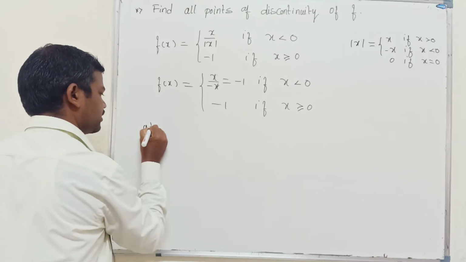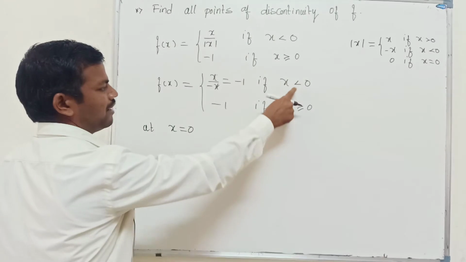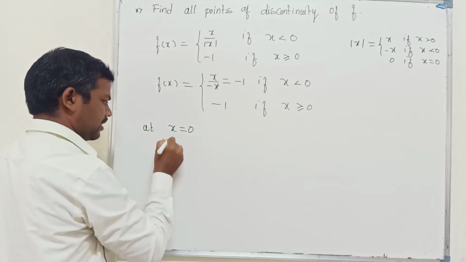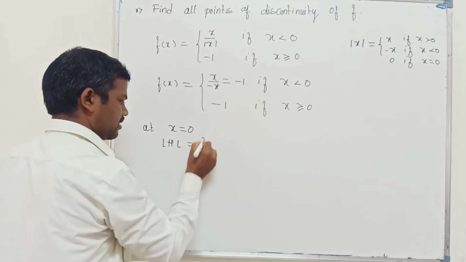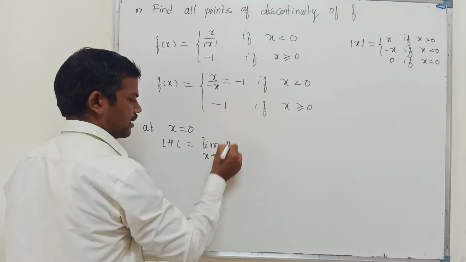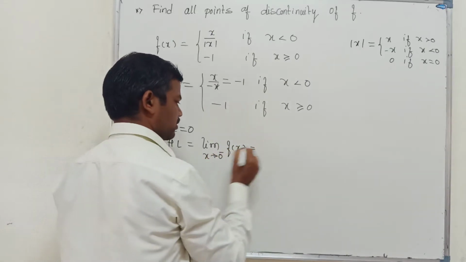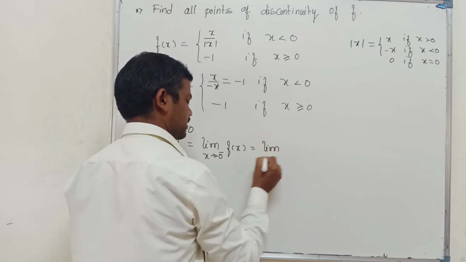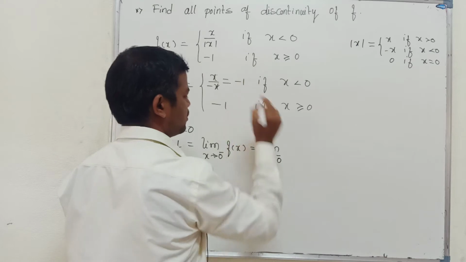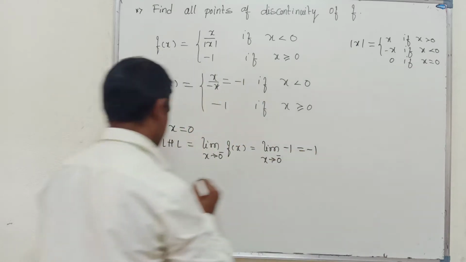At x equal to 0, let me find the RHL and LHL. LHL is the limit as x tends to 0 minus of f of x, which is less than 0, so minus 1, the limit of a constant is the constant itself.